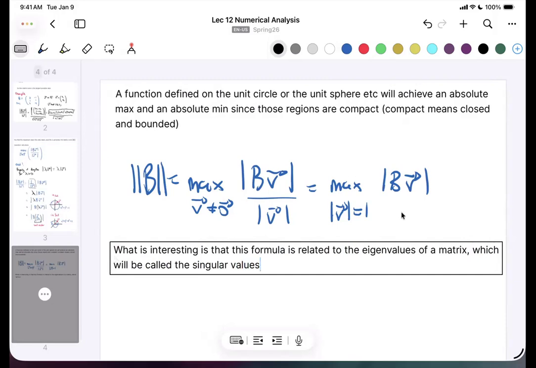The SVD, that's how it's called, singular value decomposition.